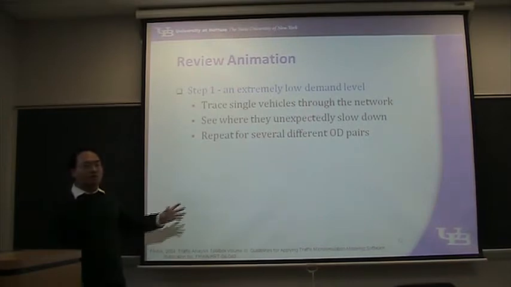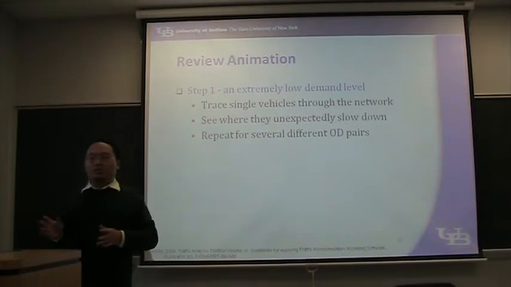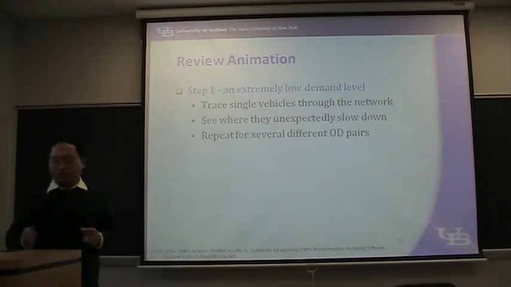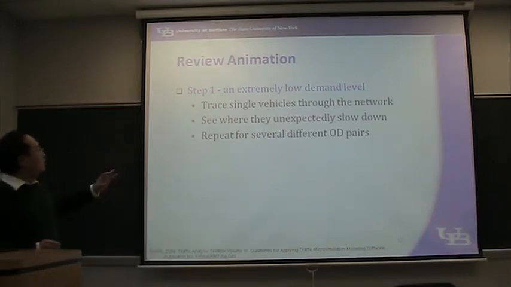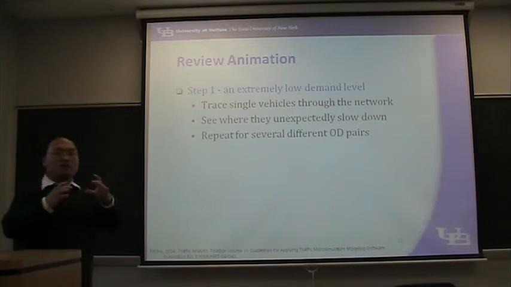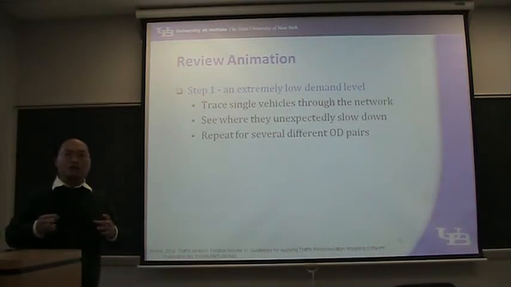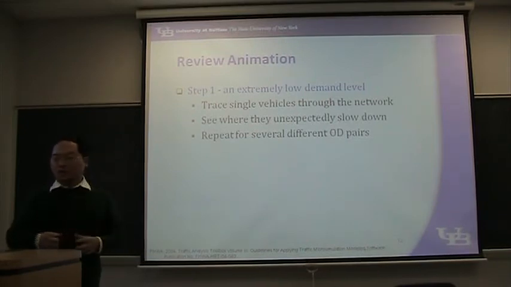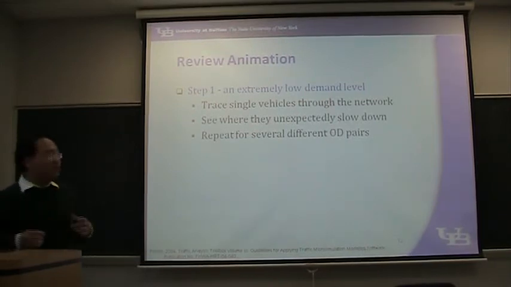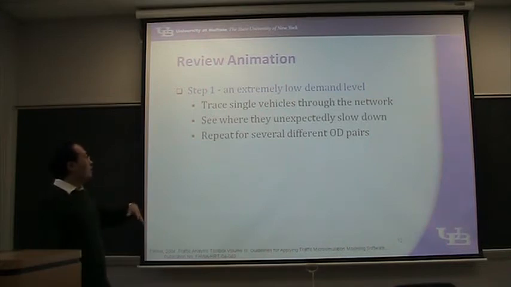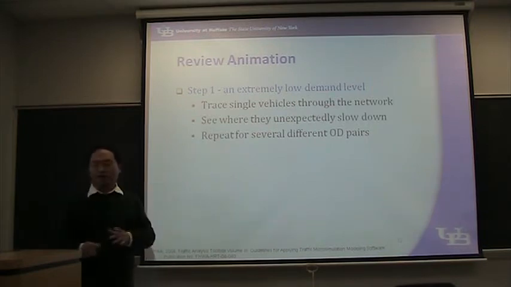So theoretically speaking, all the vehicles should be able to run very smoothly, quickly, without any congestion. And in this way, the network is not so congested, so it will be easy to trace a single vehicle. You can trace single vehicles through the network, and you can see where they are expected to slow down. So if they slow down, you will find the problem.